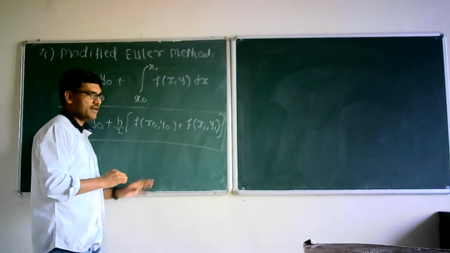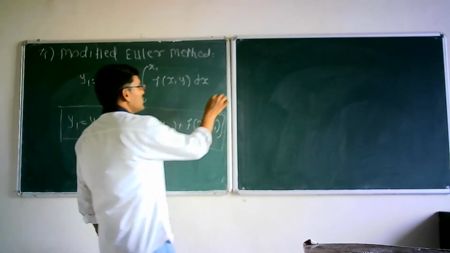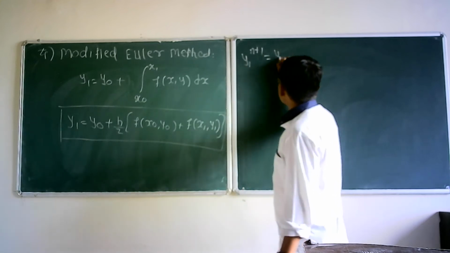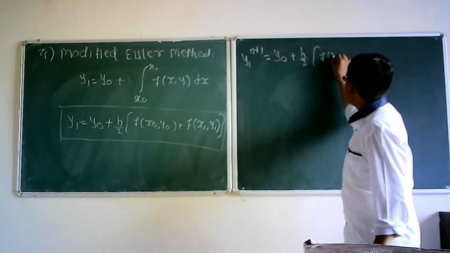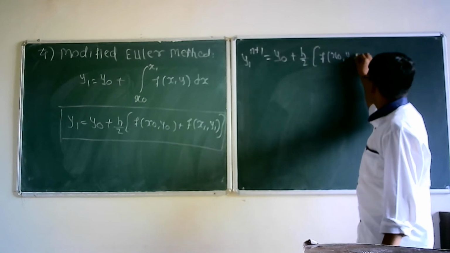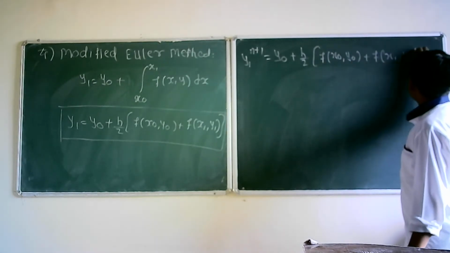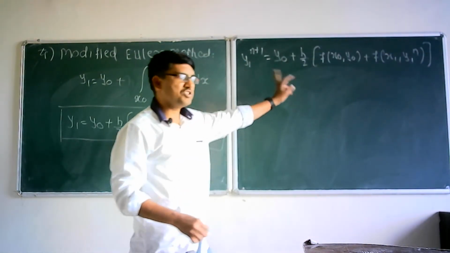But instead of writing this, we change the notation: y1 (n plus 1) is equal to y0 plus h by 2 times f of x0, y0 plus f of x1, y1 (n). The next iteration can be found by using this formula.